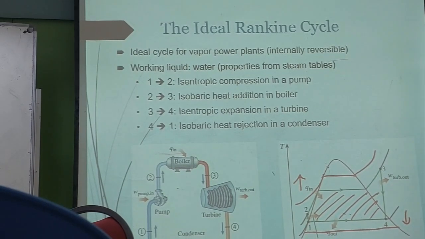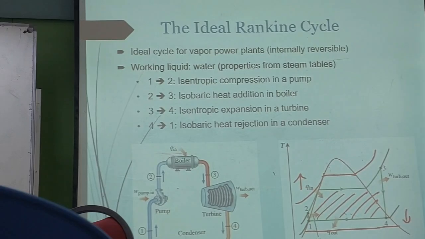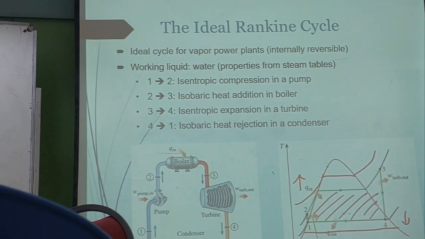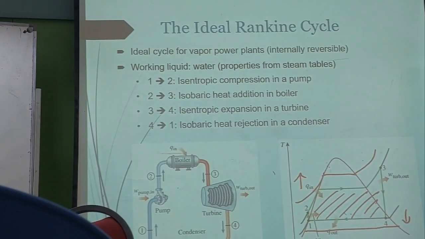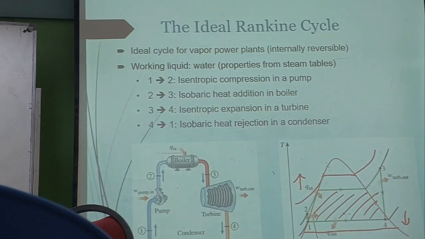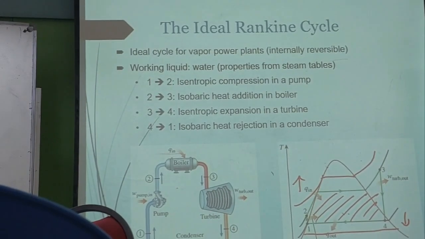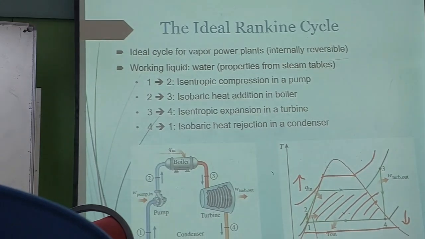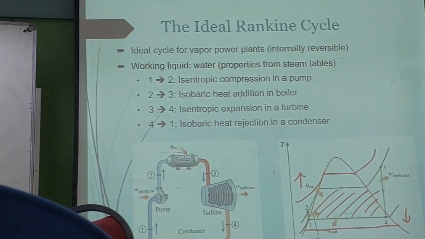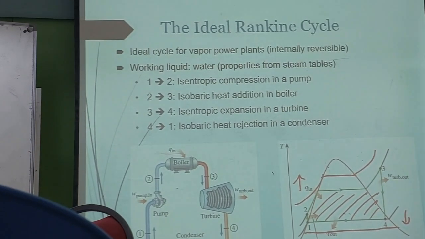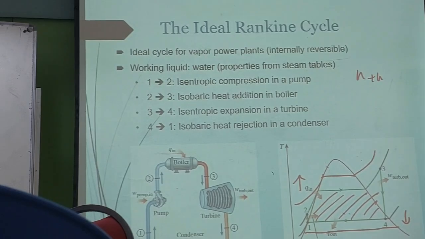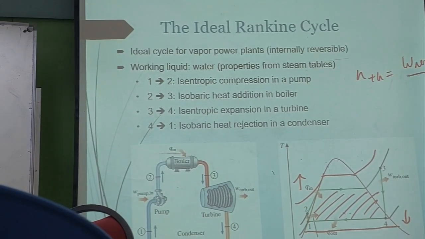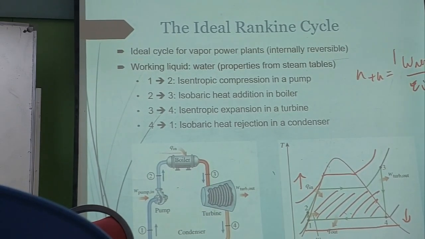Do you still remember what represents the area under the graph? W net. Okay, so of course when you are changing, let's say the temperature input, Q in will also increase, but the overall idea here is that since thermal efficiency is W net over Q in, we try to increase this one.